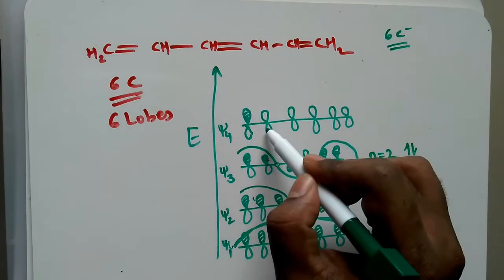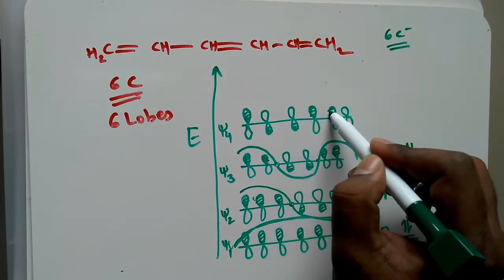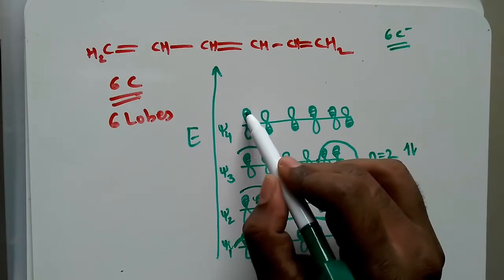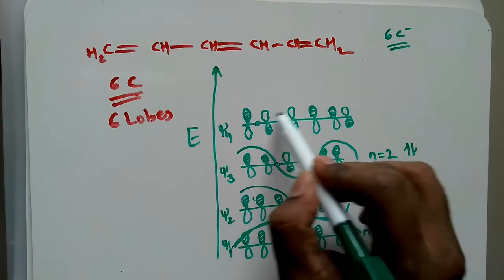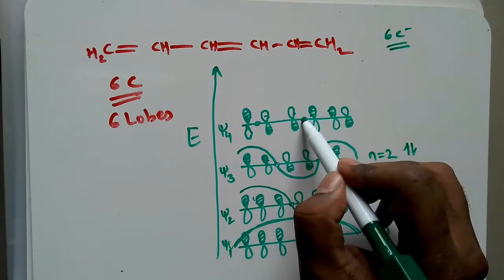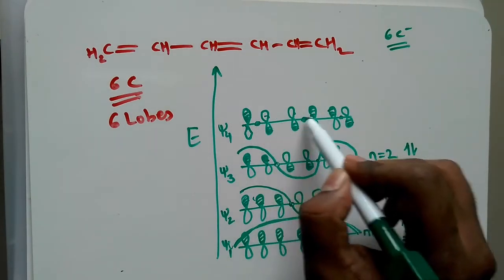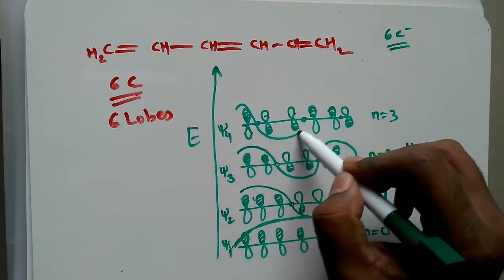It goes up, with 2 different phases. So how many nodes here? Same phase, no problem. Different phases here, so one node. Negative and positive here, so a node here and then a node here. So 1, 2, 3, n equals 3 over here. The wave will be like this.